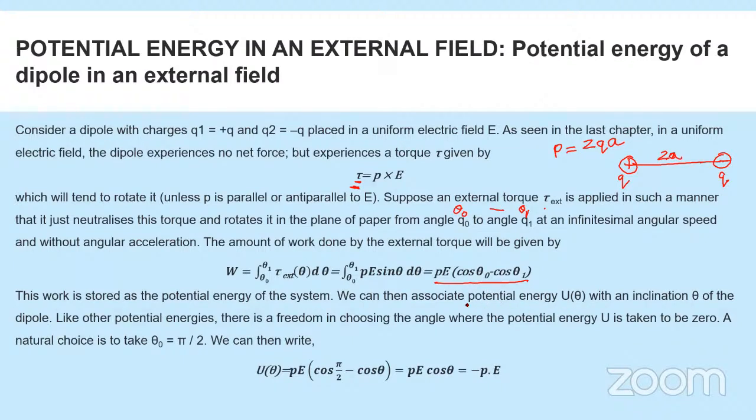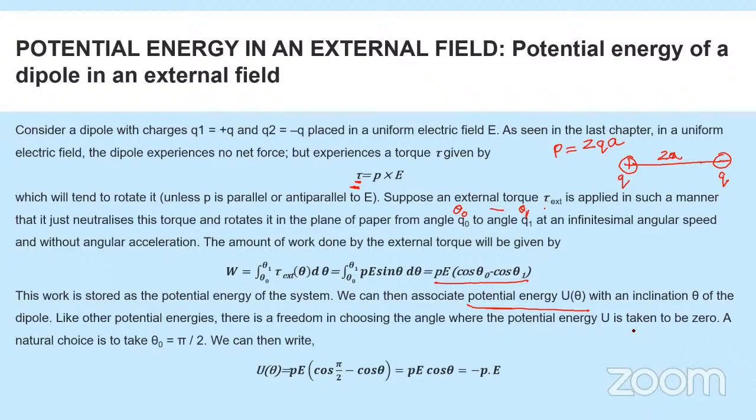We are now going to consider the potential energy U(theta), with an inclination theta, for a dipole. As we saw, suppose we take an angle where the potential energy is 0.